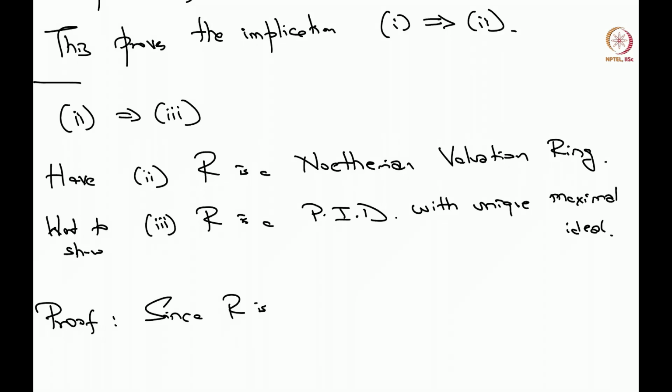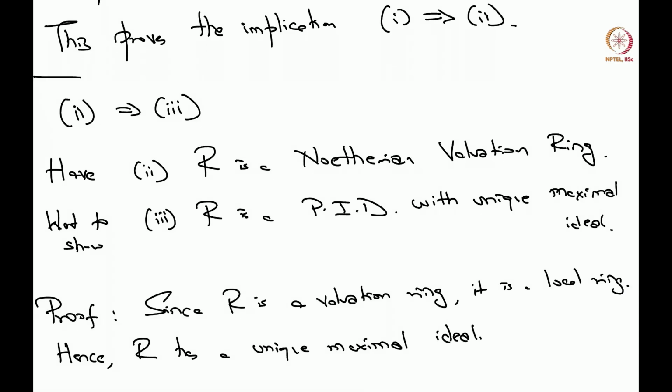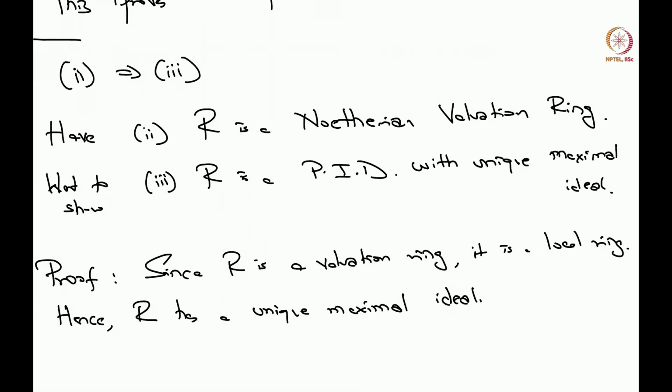Since R is a valuation ring, it's a local ring, and hence R has a unique maximal ideal. So the gist of this implication is that we need to show that R is a PID.